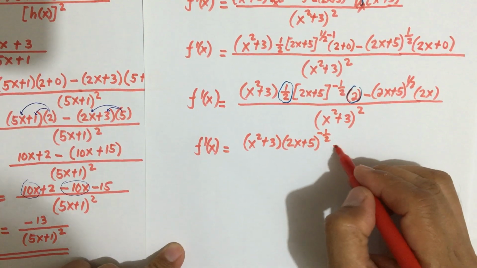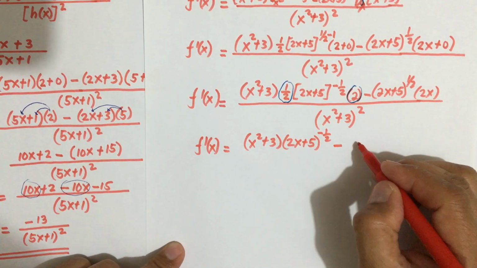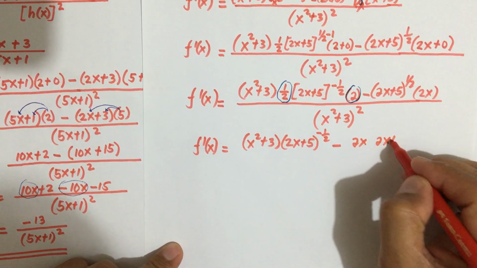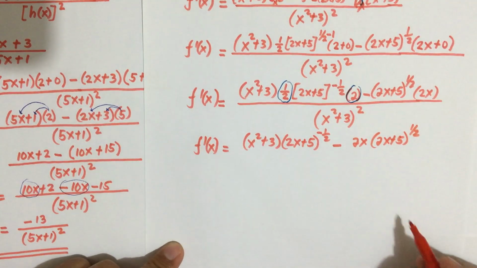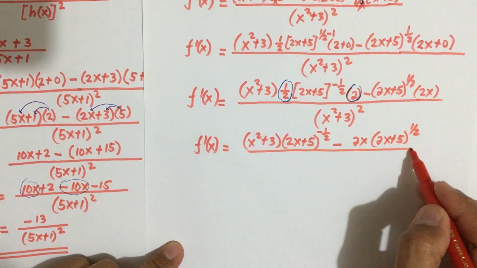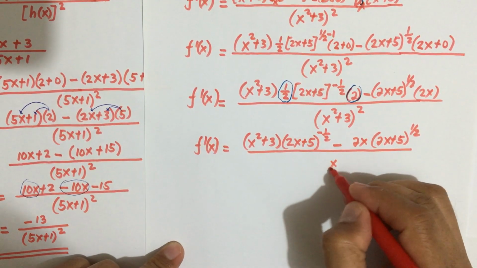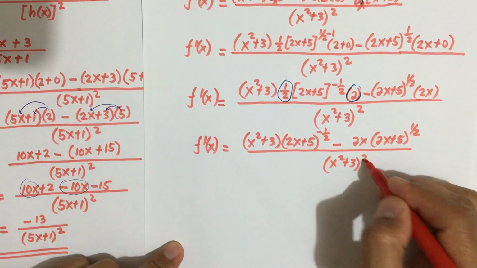Then you have, so you can write it first here, 2x times 2x plus 5 raised to a power 1/2. Then divided by x squared plus 3 squared.